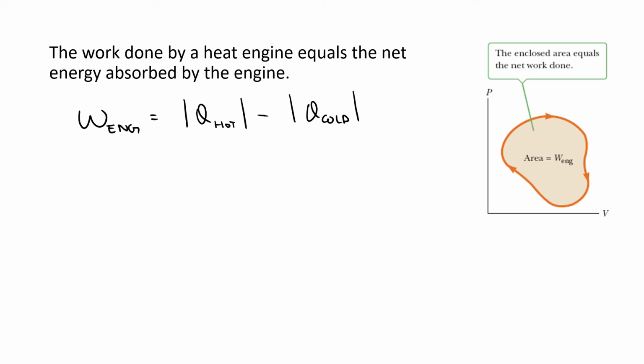And how does this look on the PV diagram? For this engine, you look at this system right here. It starts out with a big volume, and then it compresses it. So that's positive work. It's compressing something. But then the engine system is going to expand again.